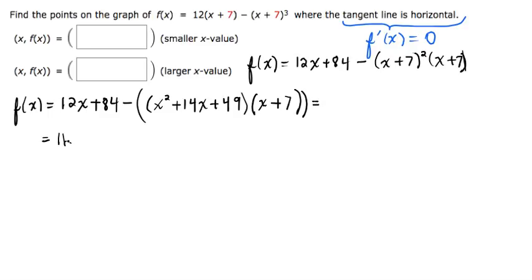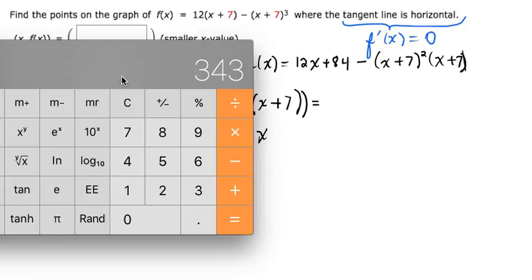So we have 12x plus 84 minus, now the x squared times x is x cubed. x squared times positive 7 is plus 7x. 14x times x is positive 14x squared. 14x times 7, so for these kinds of calculations you may need a calculator.